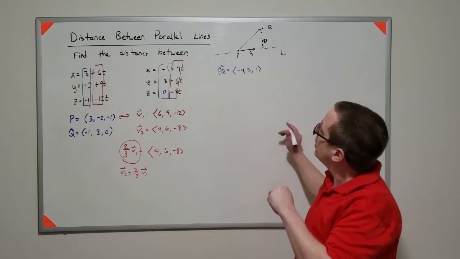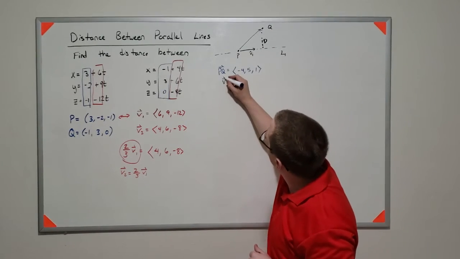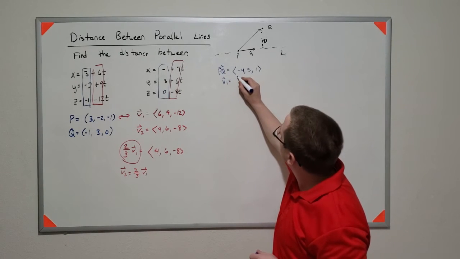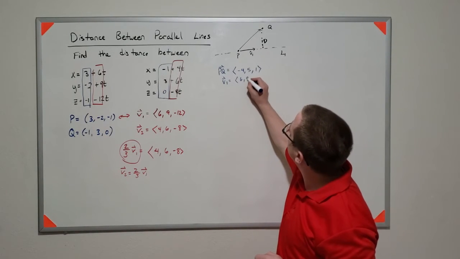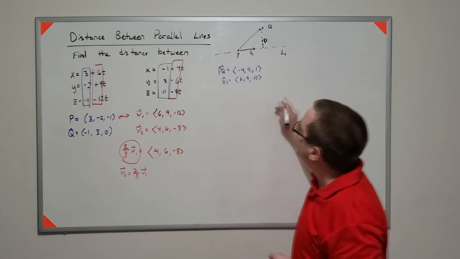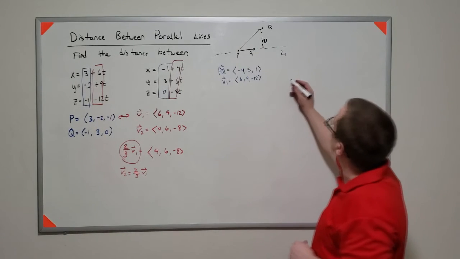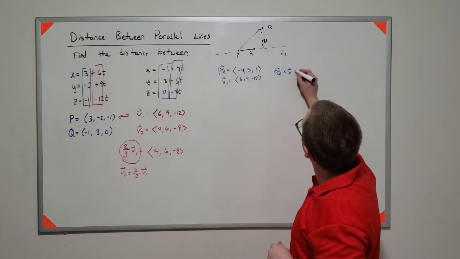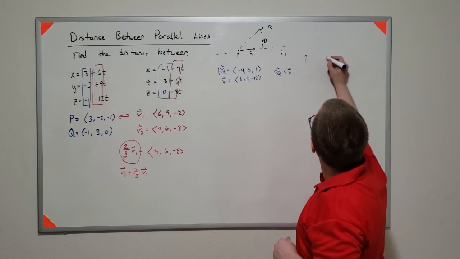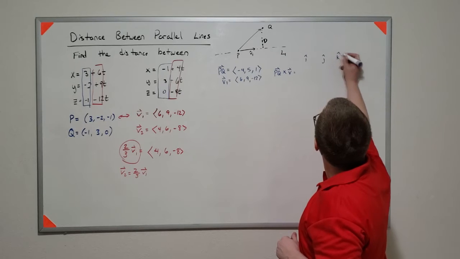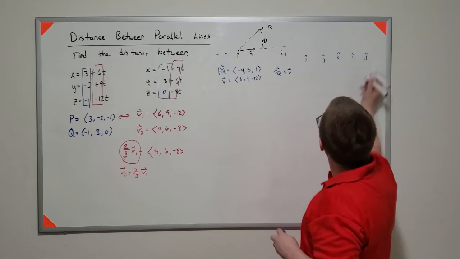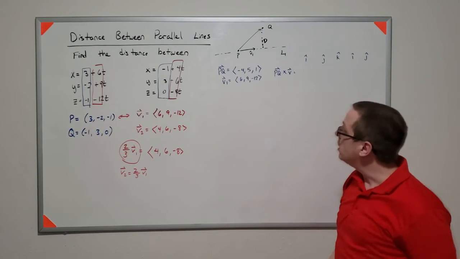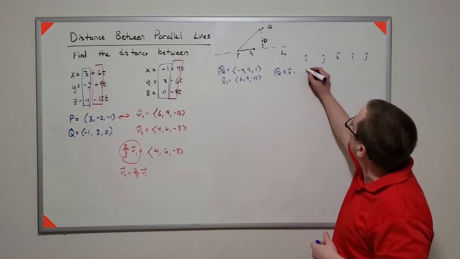And then we already have V1, so that is (6, 9, -12). But we need to compute this cross product. So PQ cross V1 is there.